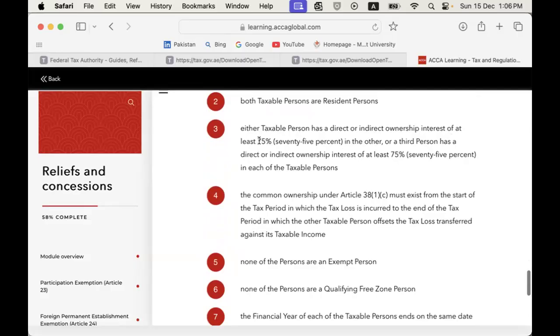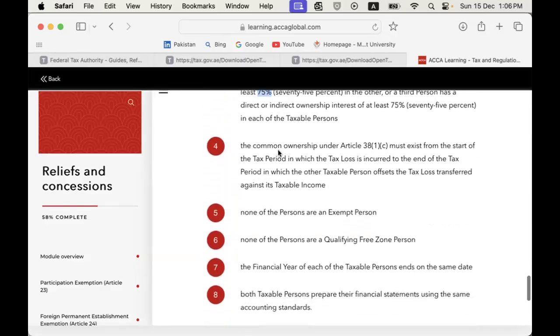So this 75% alludes to what? Qualifying group, yes. In the other, or a third person has a direct or indirect interest of at least 75%. Common ownership under Article 38(1)(c) must exist from the start of the tax period in which the tax loss is incurred to the end of the tax period in which the other taxable person offsets the tax loss transferred.